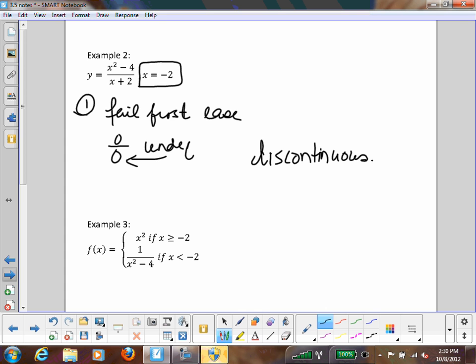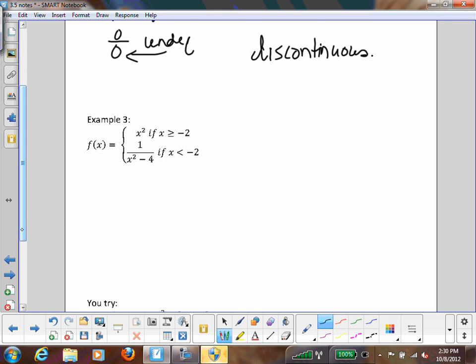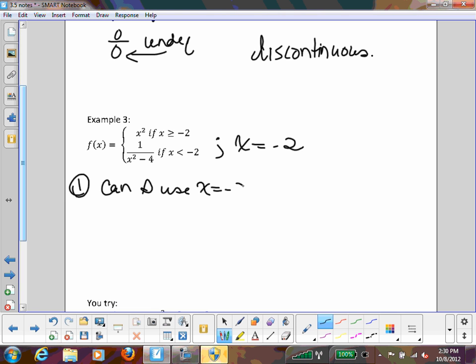Does that make sense? All right, so we go on. I'm looking at, in this case, when x is equal to -2. So the first question is, can I use -2? That's usually going to be at this point right here where it splits.